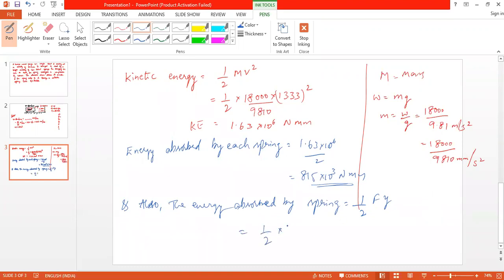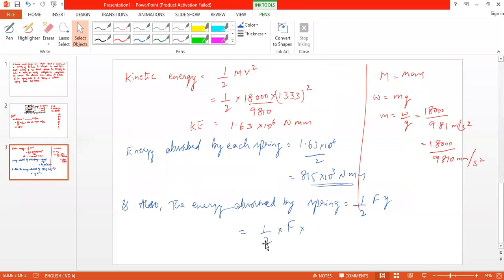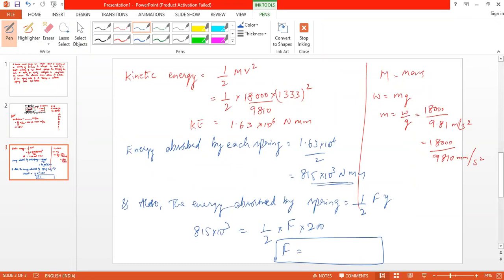So that is equal to 1 by 2 into F. We don't know F. What is the value of Y? 200 mm. And here it is 815 into 10 power 3. So can I get the value of F? F is 8150 Newton.